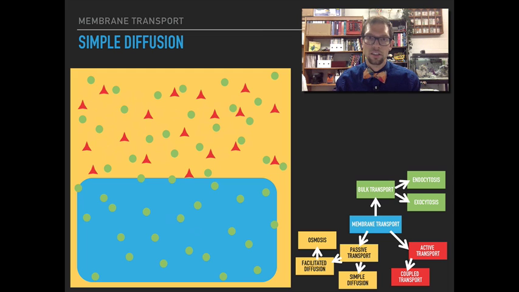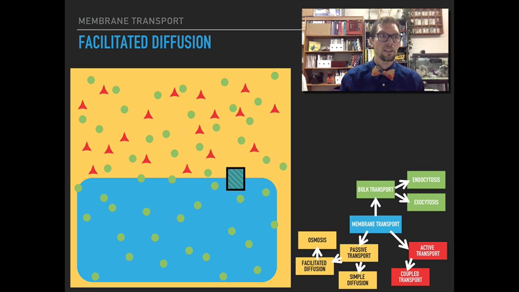So gases such as oxygen, carbon dioxide, steroids, these are things that can diffuse across the membrane because they're small and they're non-polar. Things that are polar or larger molecules can't diffuse freely across the membrane, or at least not at a significant rate. And so they're going to need a little help, and that's what facilitated diffusion is.